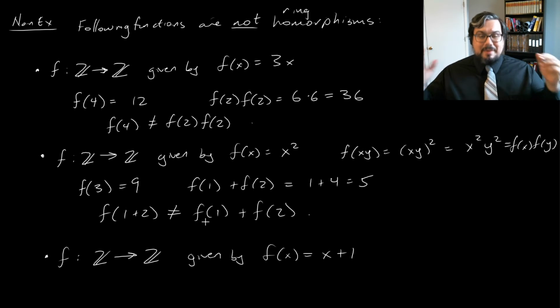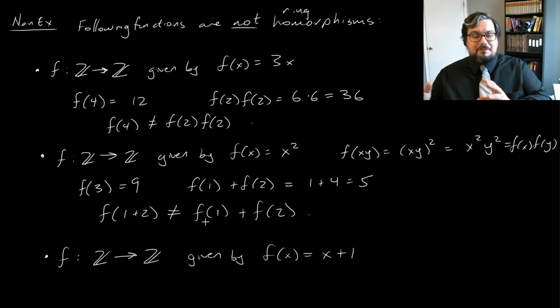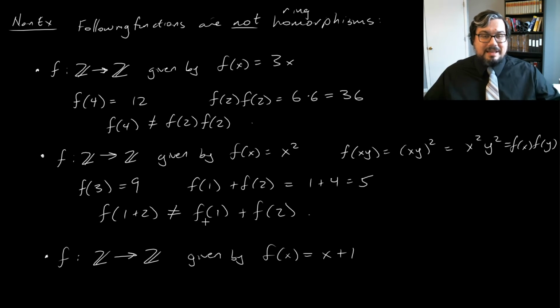So if you just take random elements of your ring and put them into your function and compare f(ab) to f(a) times f(b) for random values of a and b, then you will usually stumble upon a counterexample very quickly. It's difficult for a function to be a homomorphism most of the time, but not all the time. So if something's not a homomorphism, it typically fails in nearly every place that it can.